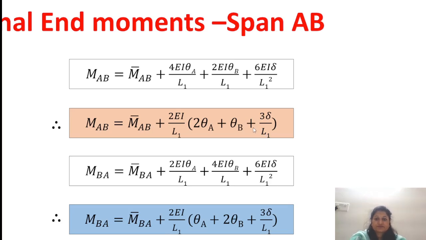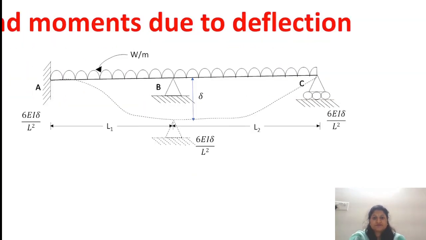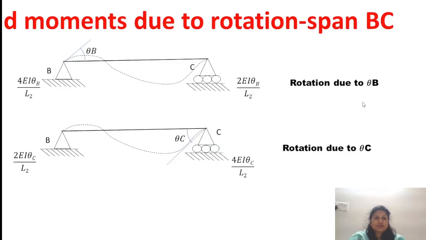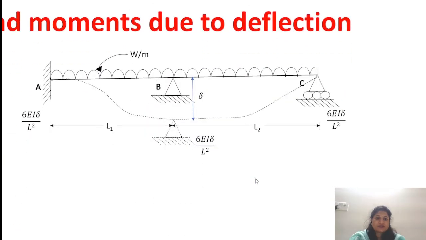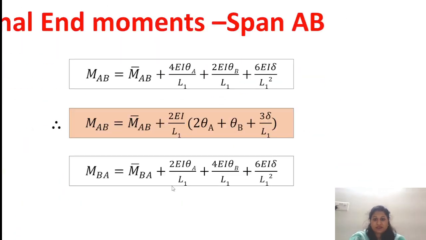Similarly, for BA, that is the moment from B to A, MBA is the fixed end moment, plus 2 EI theta A upon L1. You can see the diagram here, the rotation due to theta B, that is 4 EI theta B upon L1, and 6 EI delta upon L1 square. So for span BA, you can see MBA fixed plus 2 EI theta A upon L1 plus 4 EI theta B upon L1 plus 6 EI delta upon L1 square.